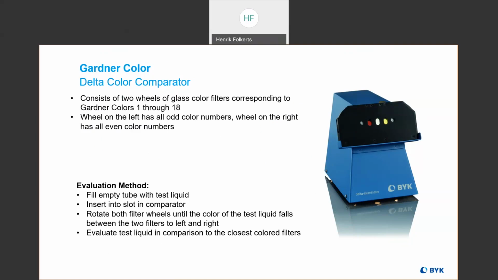The idea is you take a vial, a test tube full of your liquid, and you place it into the empty spot in between the two sides, and then you adjust the filters until you get as close as possible to the color in the center, and then you evaluate it visually based on which glass filter your liquid most closely corresponds to. So this is a visual evaluation for Gardner color.